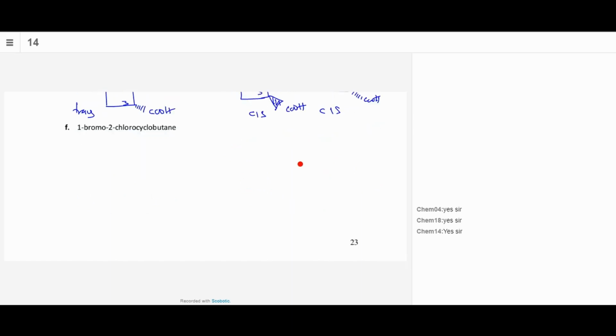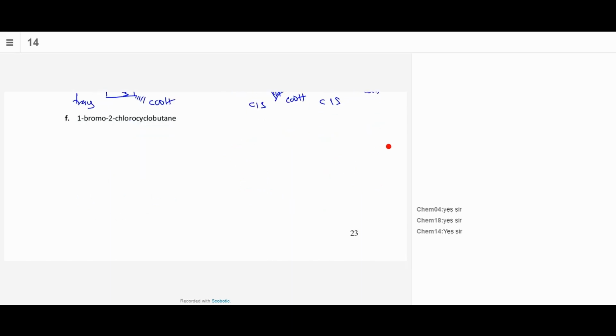And at last you have 1-bromo, 2-chlorocyclopentane. 1-bromo, 2-chloro. Both go in or come out, yes, cis. One comes out, one goes in, and the other one comes out.